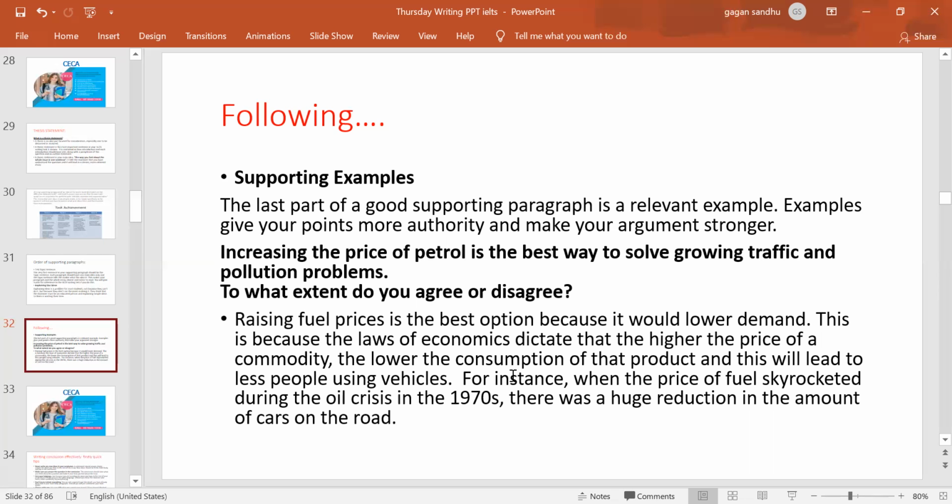So now you see how beautifully this example backs up the idea we put forward with an explanation and result. When the oil crisis happened in 1970, there was a reduction in the number of cars on the road because oil became costly, so automatically people started using fewer cars, and it actually helps solve the two issues you're mentioning, which are traffic and pollution.